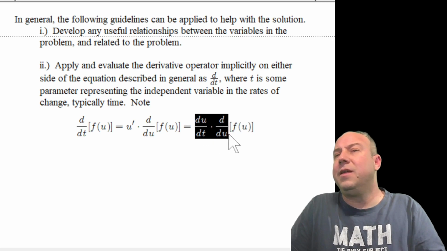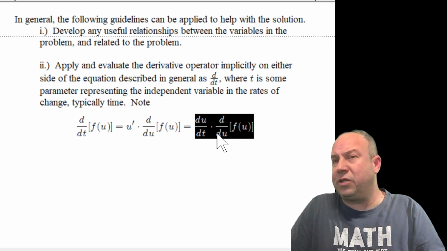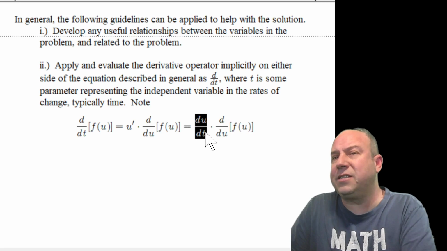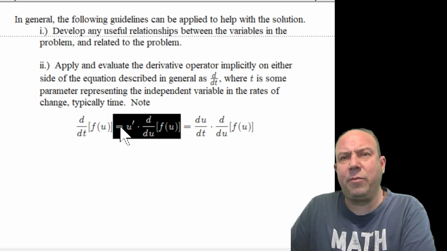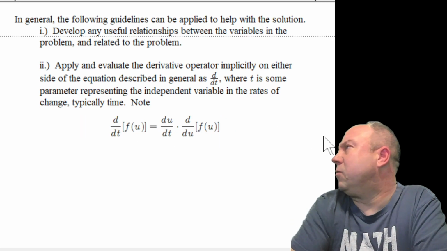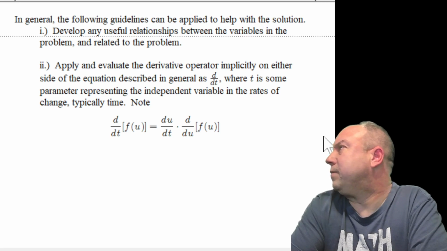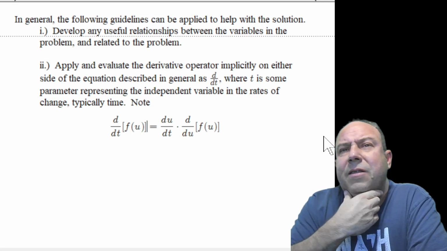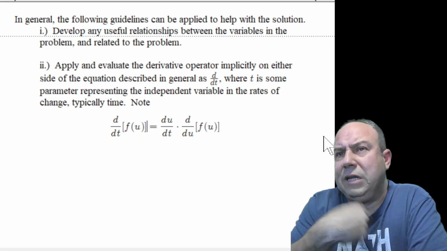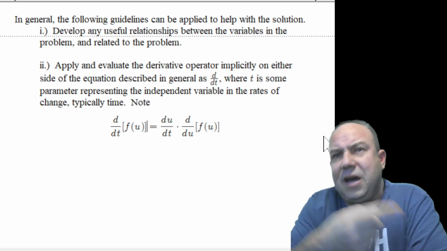Right? This being the more useful result. This showing us that rate of change in u with respect to that parameter t. Right? And actually, we might even consider just ditching that middle result and going with this here. Right? This being the useful application of that operator.